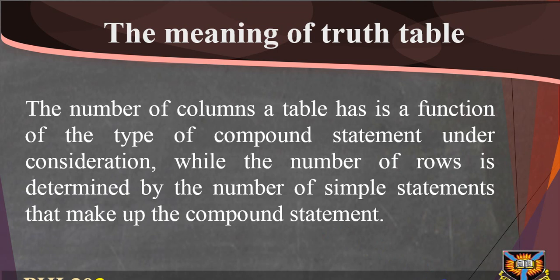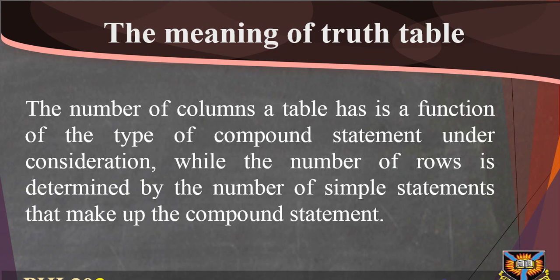Our simple explanation for this formula is this: every statement can only have 2 possible values. It is either true or false. To determine the number of rows a truth table should have for a particular expression, we count the number of simple statements in that expression and then raise 2, representing the possible values, to that number.